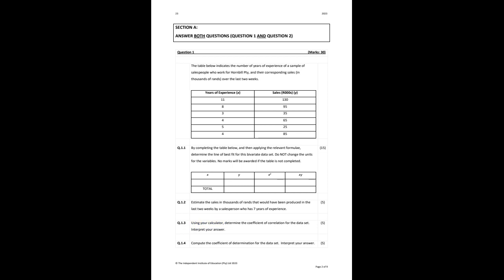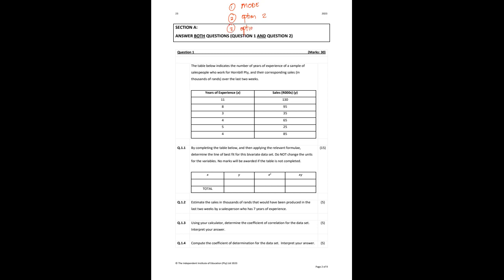So you'll press the stats or mode button on the calculator, choose option 2. I think it's option 2, which says stats mode. And then you'll choose the option that says A plus BX.